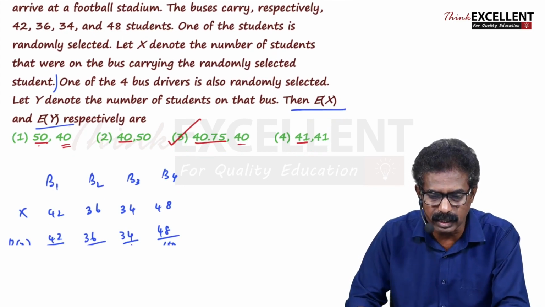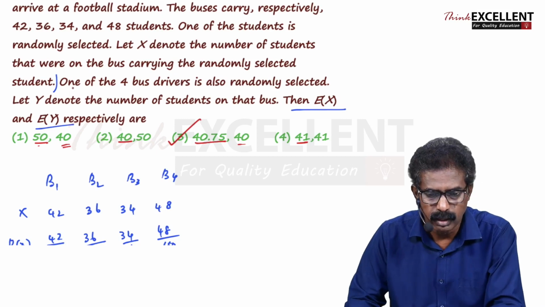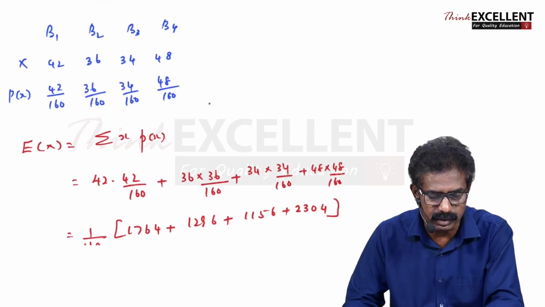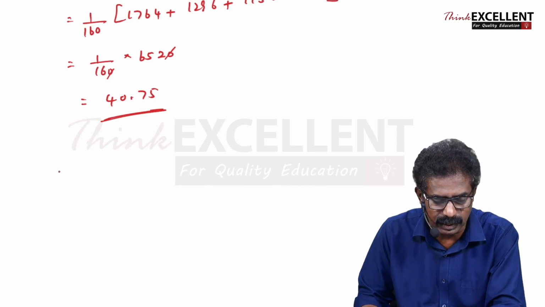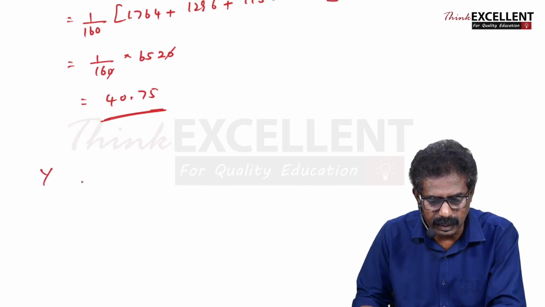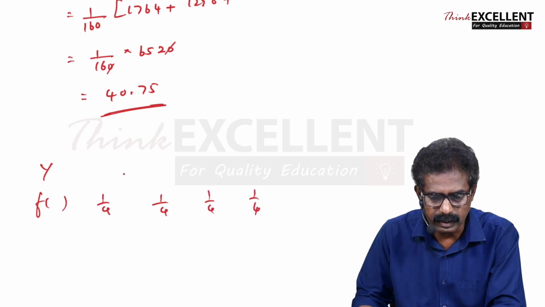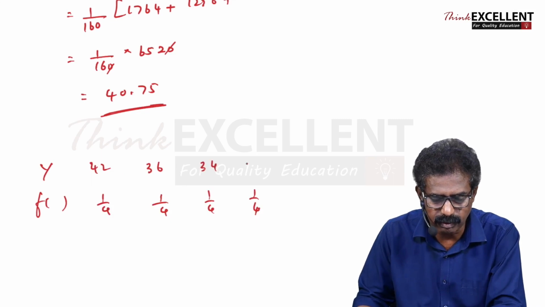E of Y also they asked. For that, one of the 4 bus drivers is also randomly selected. Then let Y denote the number of students in that bus. So one of the drivers is also selected, right? The probabilities are 1 by 4, 4 drivers, 1 by 4, 1 by 4, and the number of students 42, 36, 34, 48.